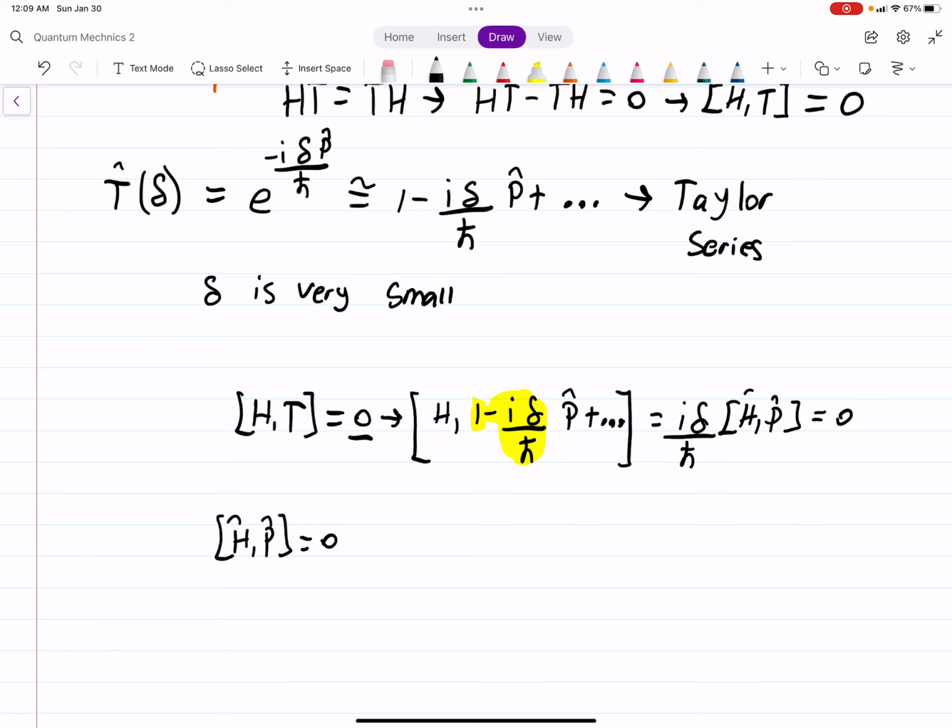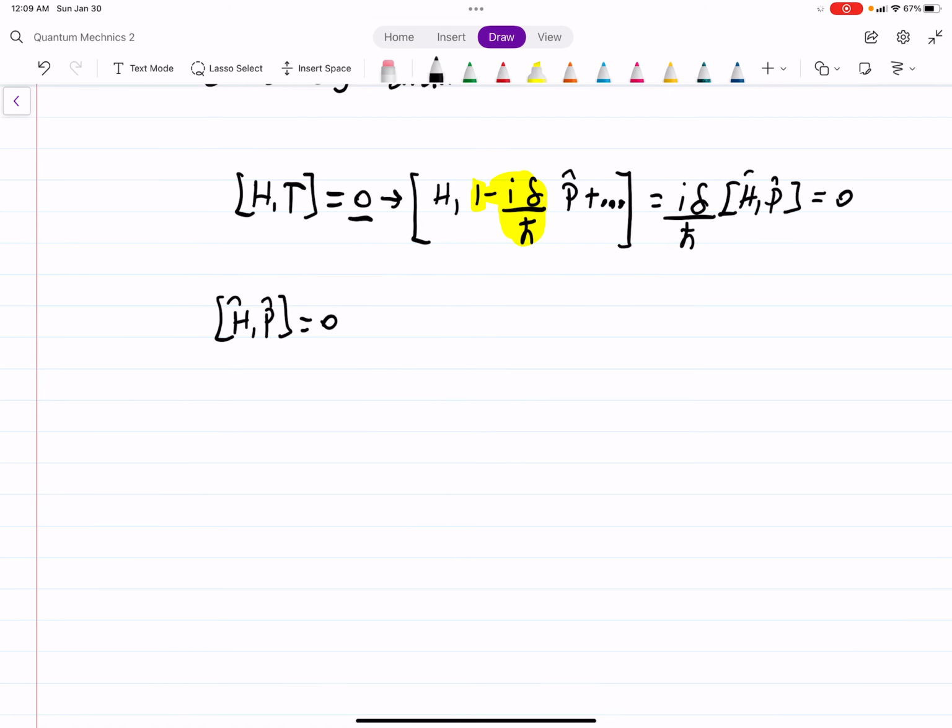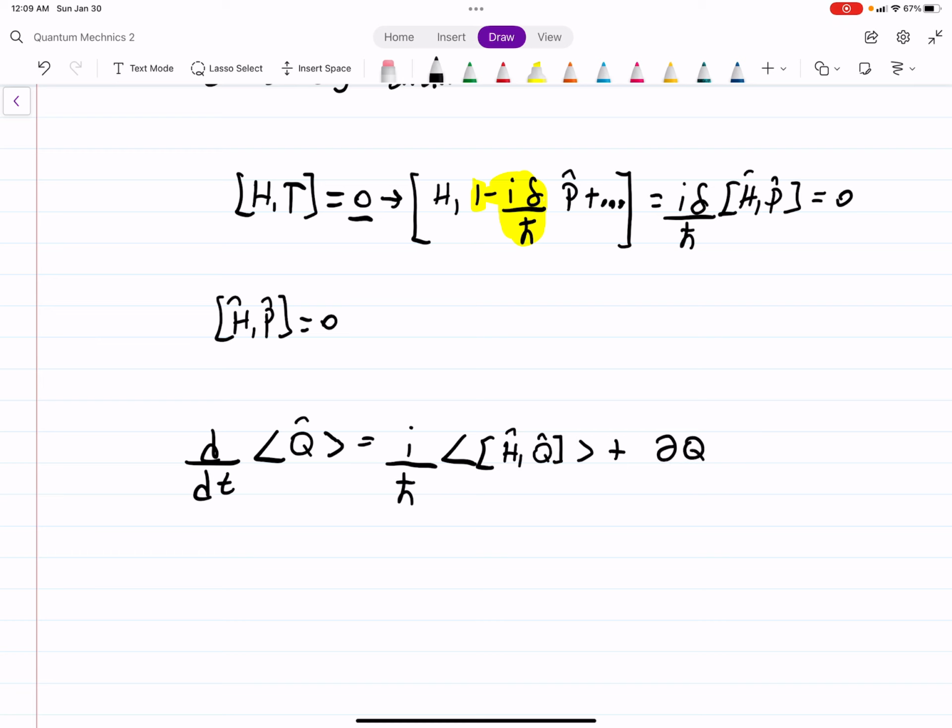That's important because of a property we have, which says the time derivative of an expectation value of some operator is equal to i over h bar, the commutation relation of the Hamiltonian with that operator, plus the partial derivative of Q with respect to t.